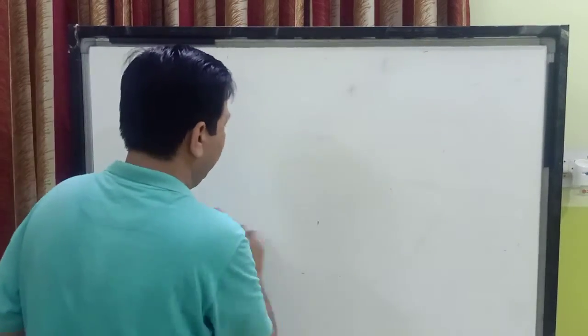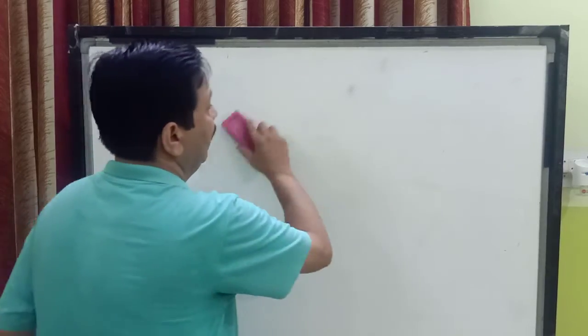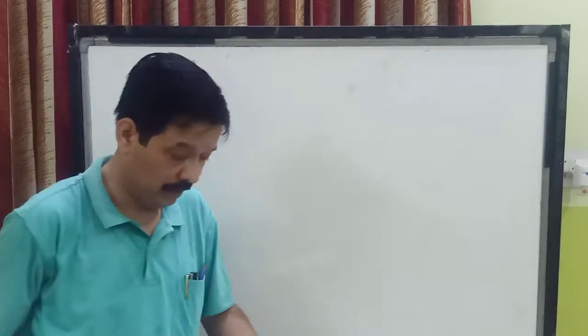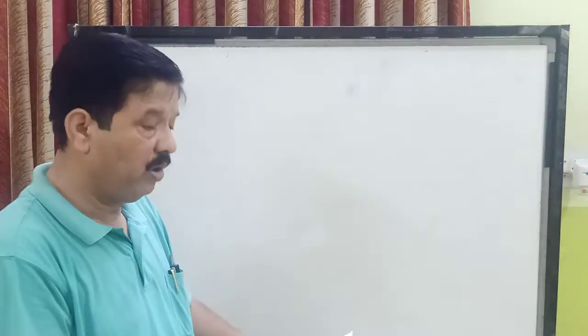Children, the next question is again from the book I have taken, and this question has come in the board exams also. The question is from the 2016 board exams. A gaseous hydrocarbon contains 82.76% carbon.